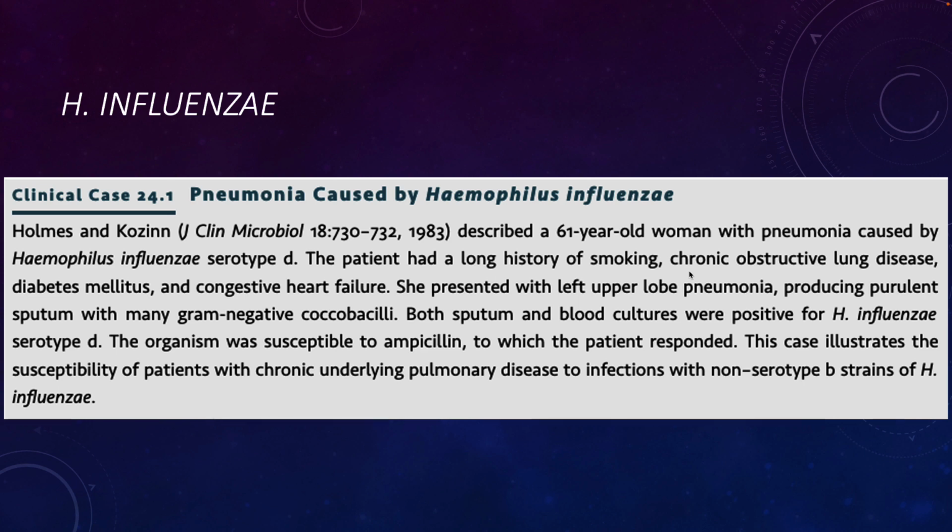This case illustrates the susceptibility of patients with chronic underlying pulmonary disease to infections with non-type B strains of Haemophilus influenzae. Remember, type B is the most dangerous. But because this patient was already compromised, she was at risk from some of the other types, like type D.